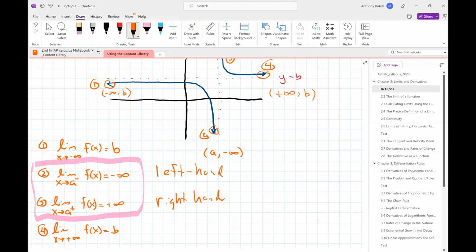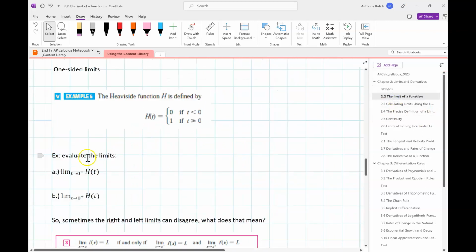Because x approaches a from the left, a with the minus is saying the number's smaller than a. That's your left side. And a with the plus is telling you the numbers that are bigger than a, so that's the right side that you're approaching from. So we've already kind of seen this.